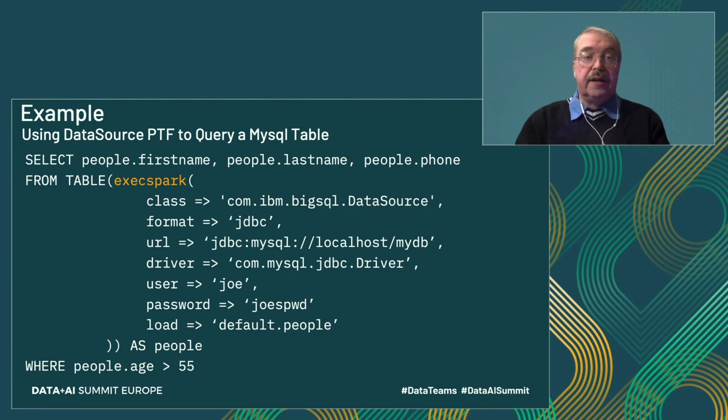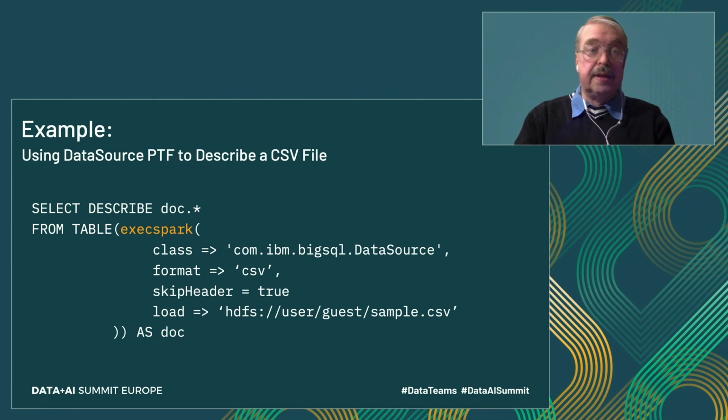Okay, let's just look at a few code examples. Here you see an example of how to virtualize a MySQL table in BigSQL with polymorphic table functions. Next, we see how you can do that for CSV files, again just using the data source in Spark for doing that.